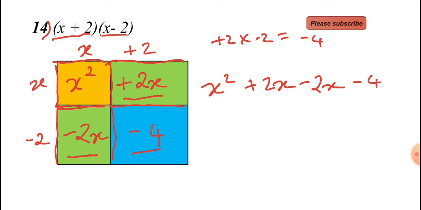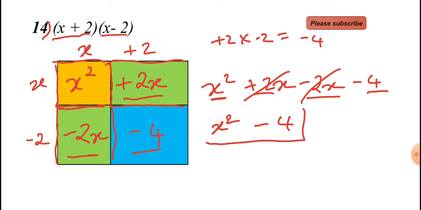And this is a very special situation, and you'll learn more about this later on. It's called difference of two squares, because what's going to happen now is the x squared, we just copy down as it is. The plus 2x and the minus 2x will cancel out, leaving just minus 4. So the final answer is x squared minus 4.